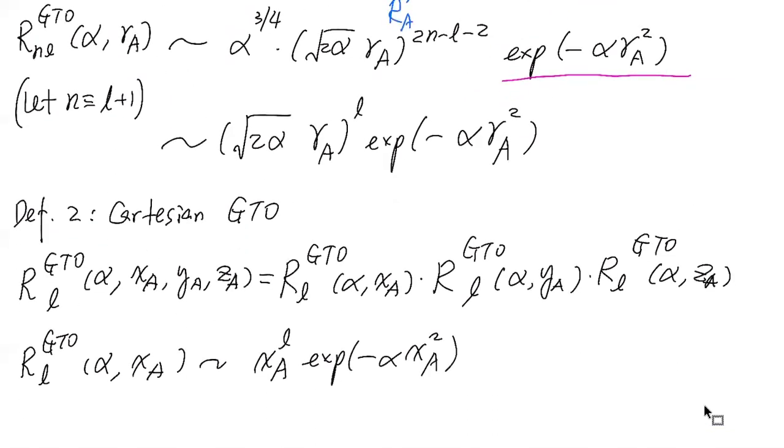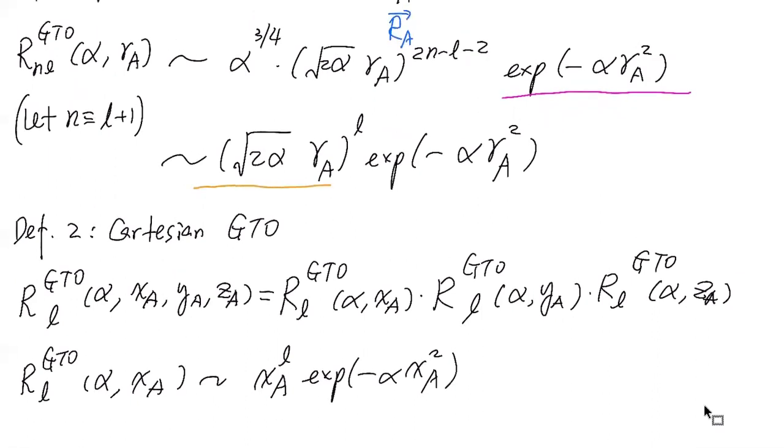This actually, if you look at the spherical definition here, if you write RA as the square root of XA squared plus YA squared plus ZA squared, then this term here cannot be separated.